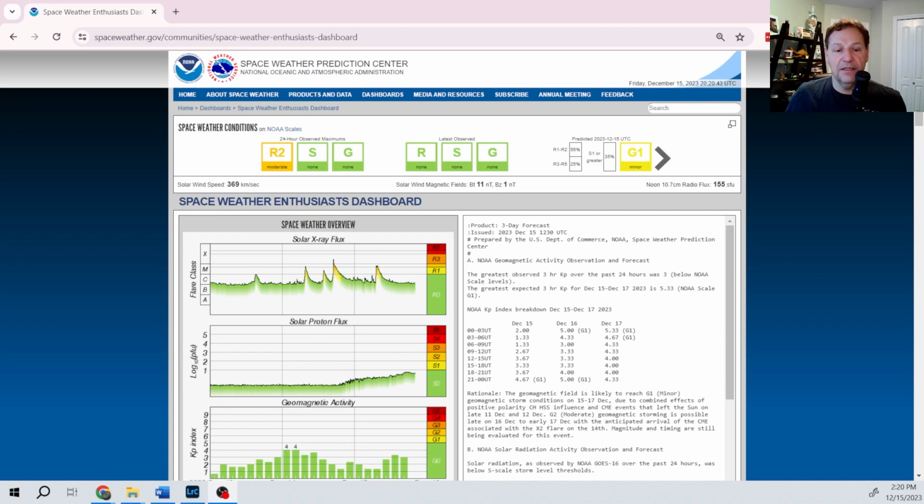And this is what it looks like. It's got current conditions. R2 is if there's been a solar flare, that's the amount of solar X-rays, solar proton flux, and the geomagnetic activity. And this is just a summary. So we generally care about the geomagnetic activity.